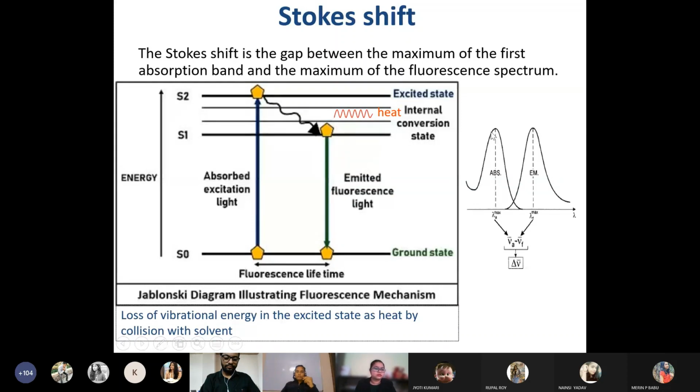The first peak, you can see, is the absorption spectrum. In this, the energy required is of higher frequency or higher energy, and when the electron comes back to its resting state, the energy emitted is of lower energy or higher wavelength.